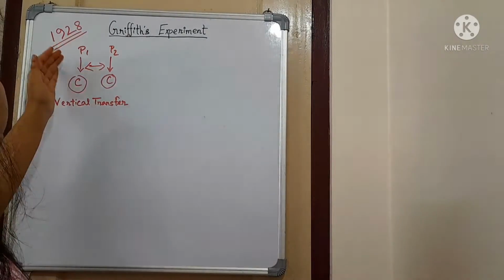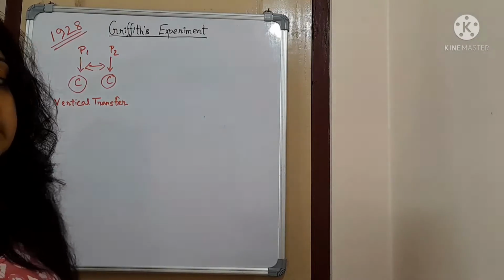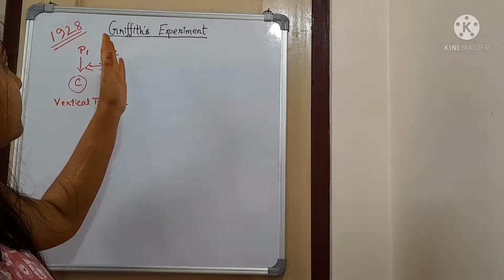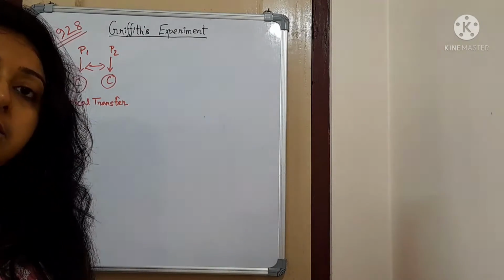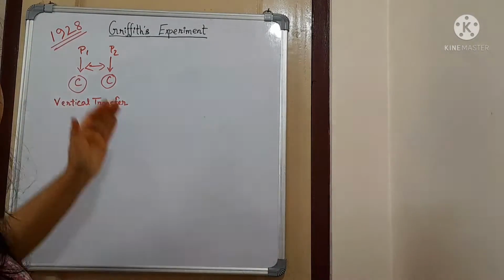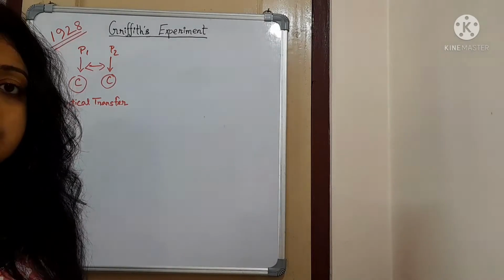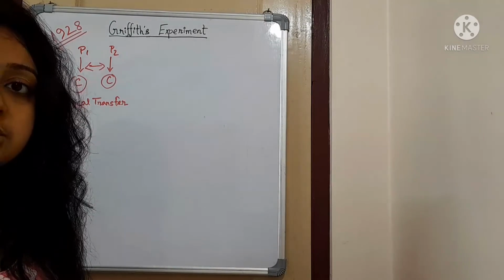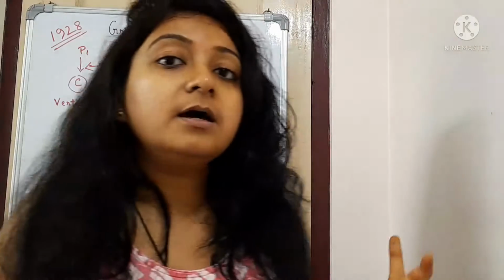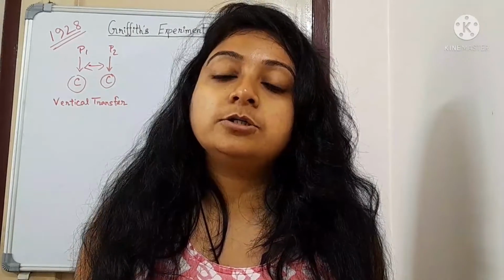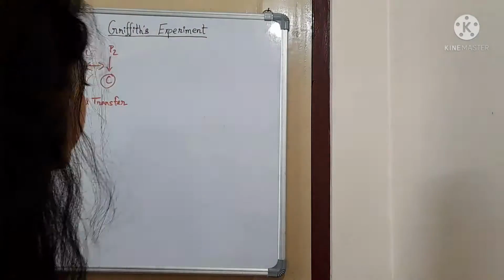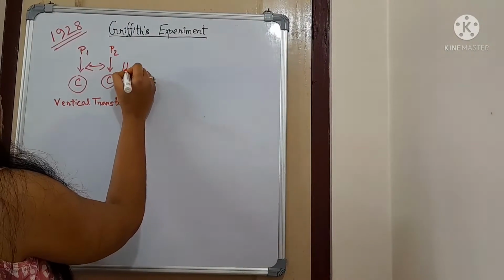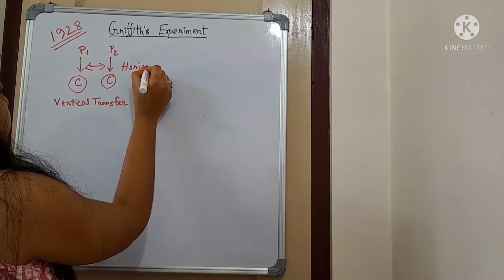That means from this individual the gene carrying the characteristic feature can be transferred to this other individual, or from this child to this child. If the transfer of genes is possible between individuals, that type of transfer is known as horizontal transfer.